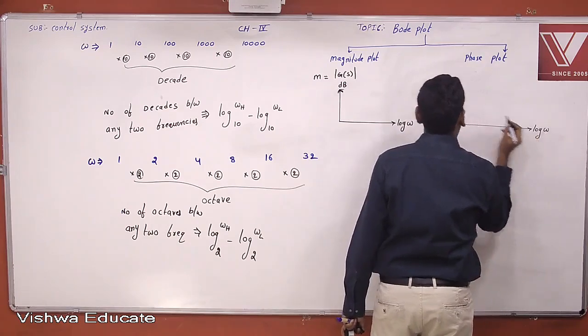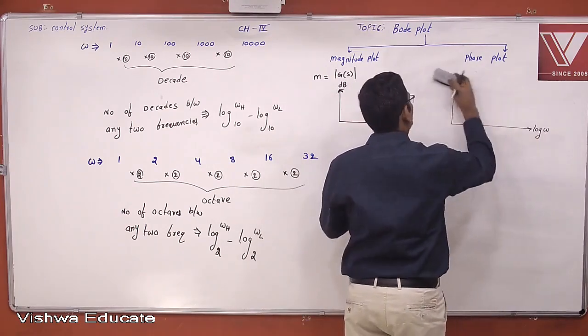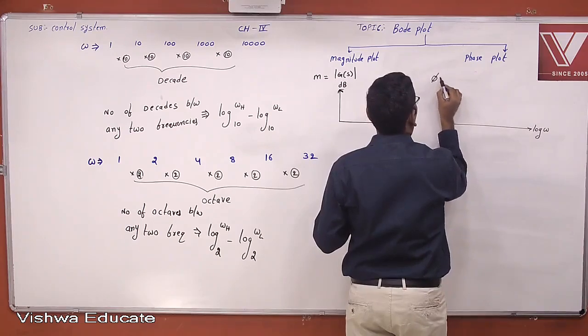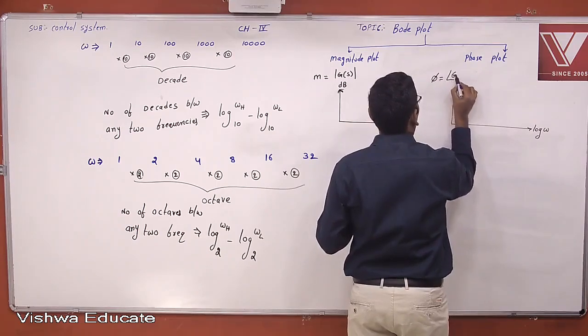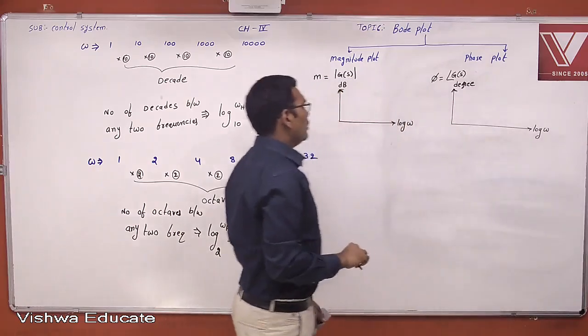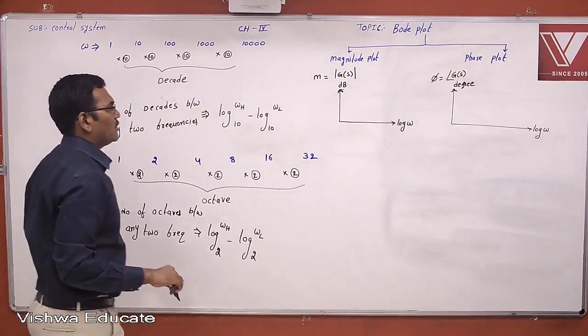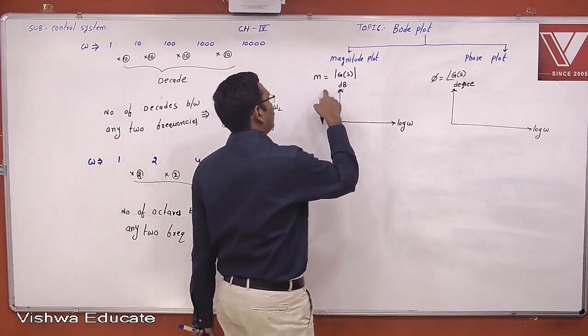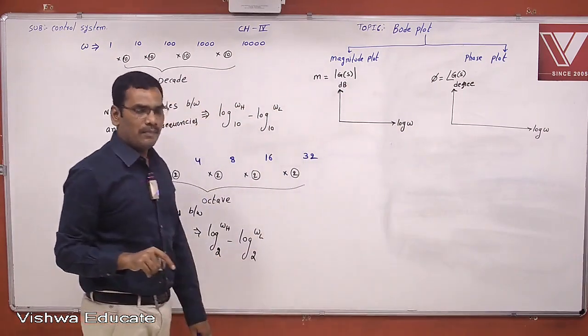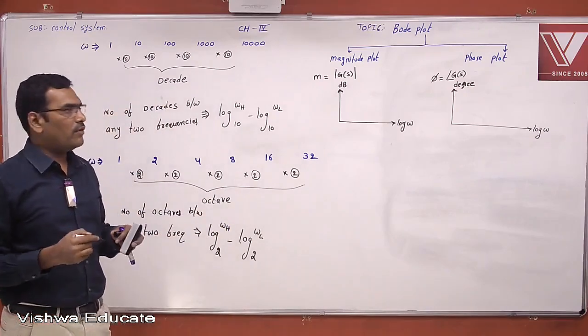This is logarithmic frequency. Now this is phi, the phase angle of the open loop transfer function in terms of degrees. The magnitude in dB is the Bode magnitude plot and that is the Bode phase plot.